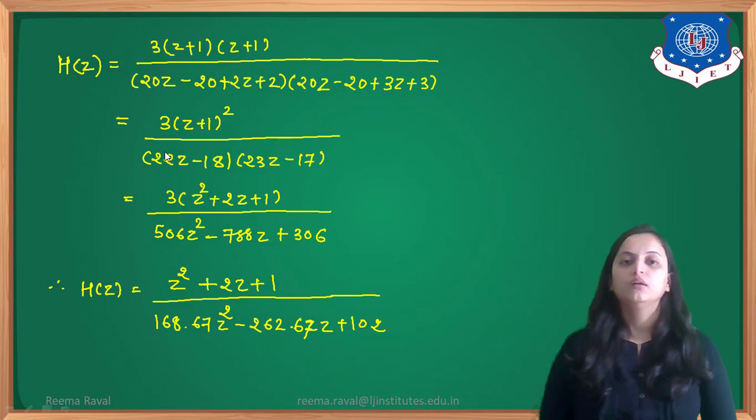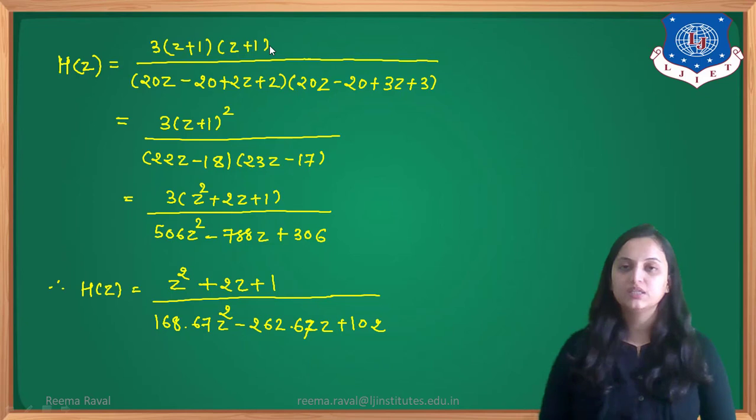Now we can simplify this further. H of z equals 3 into (z plus 1) into (z plus 1) upon (20z minus 20 plus 2z plus 2) into (20z minus 20 plus 3z plus 3).